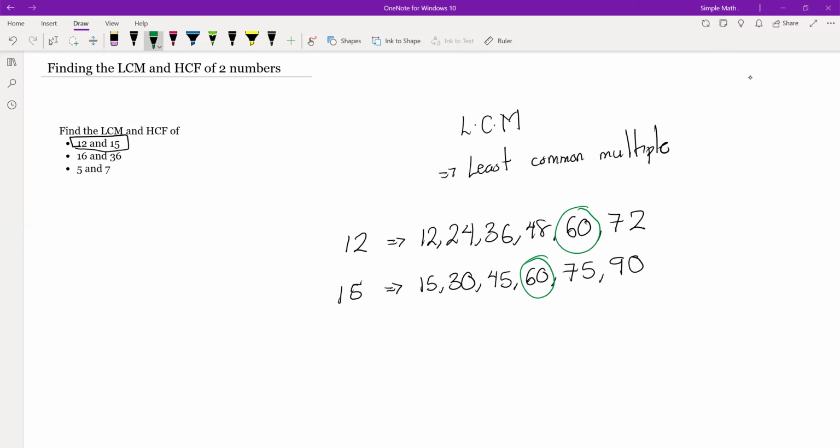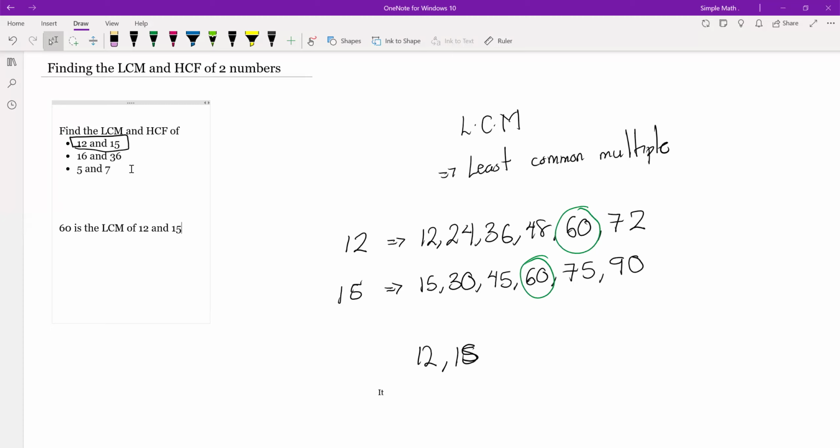So the lowest common multiple of 12 and 15 is 60, because 60 is a multiple of 12 and 15. Let me write it here. So 60 is the LCM of 12 and 15.